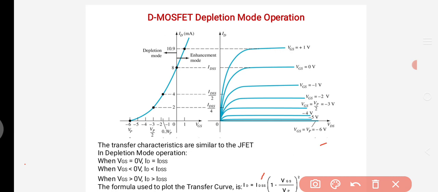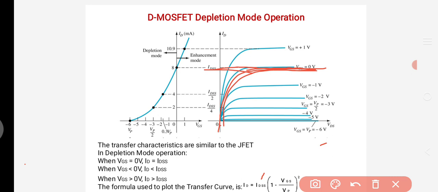similar to the JFET. So let's go for the transfer characteristics in depletion mode. When VGS equals 0, this line will be the VGS equals 0 line. That means when VGS equals 0, then ID equals IDSS, that means you can get the maximum current.